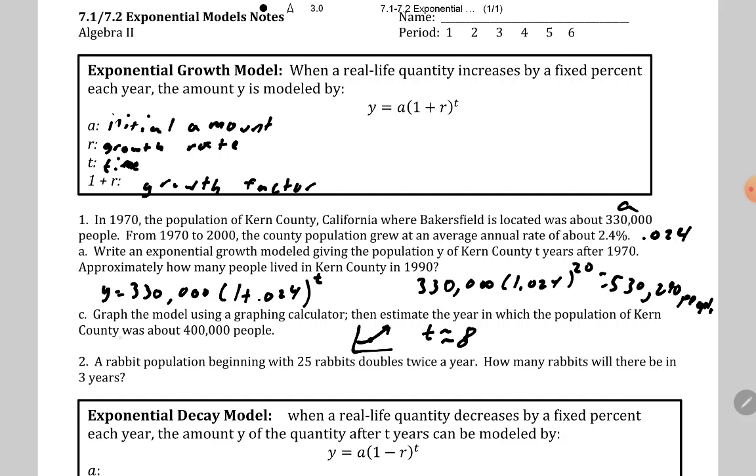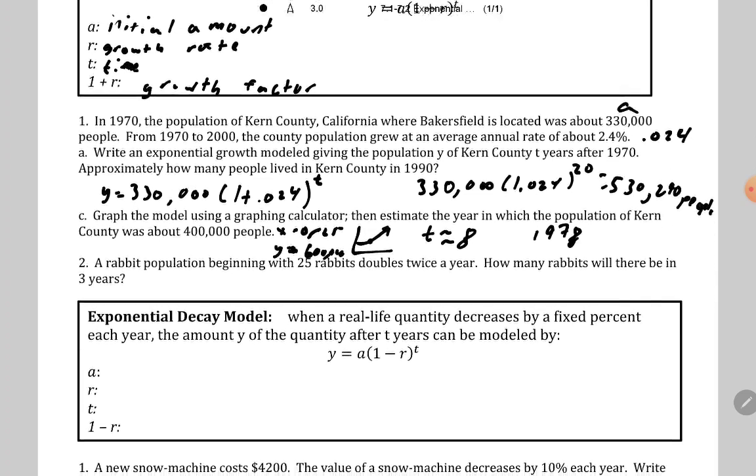I didn't go heavily into this, but if you know how to use a graphing calculator, you should be able to find it. Have your x window be 0 through 25, and your y window be 600,000. So t is about 8, so in 1978, there were probably 400,000 people.